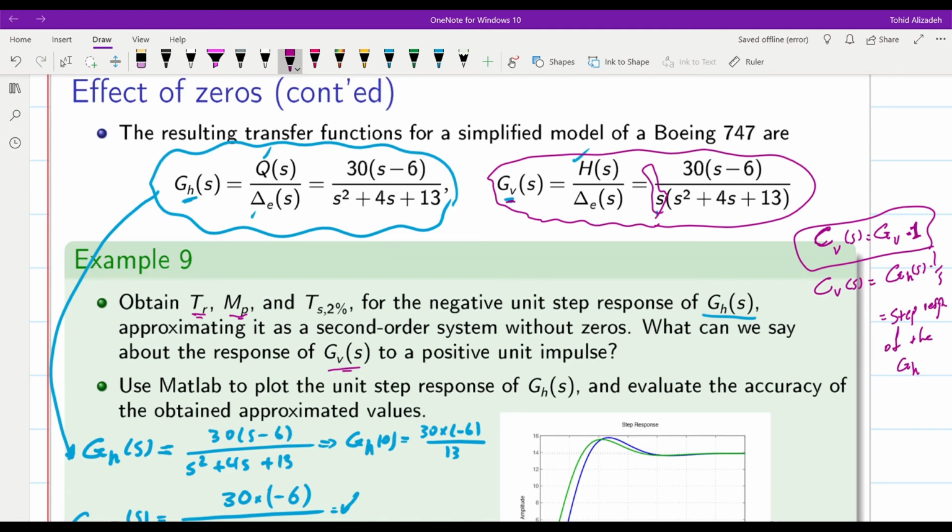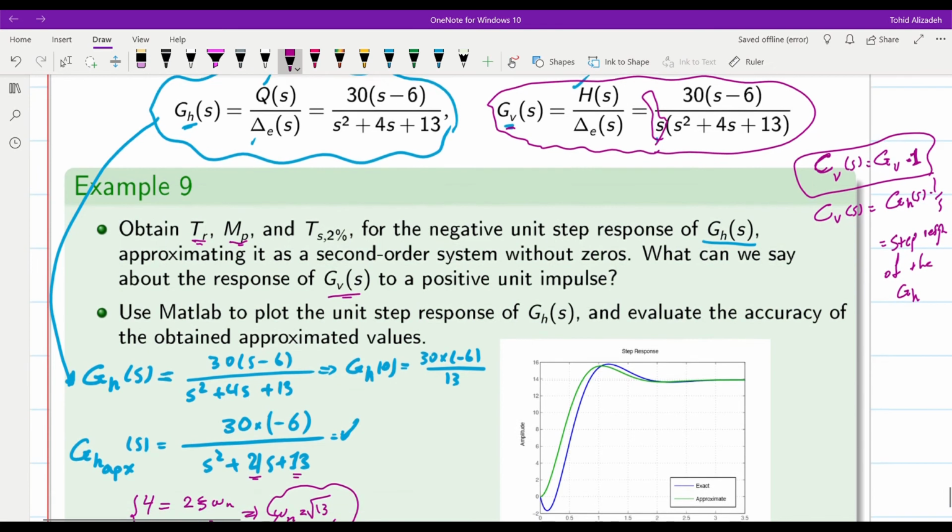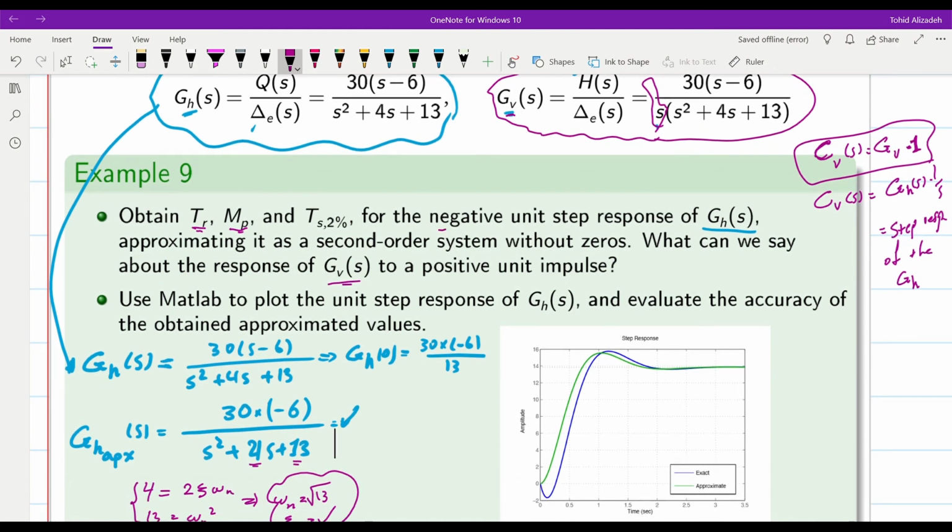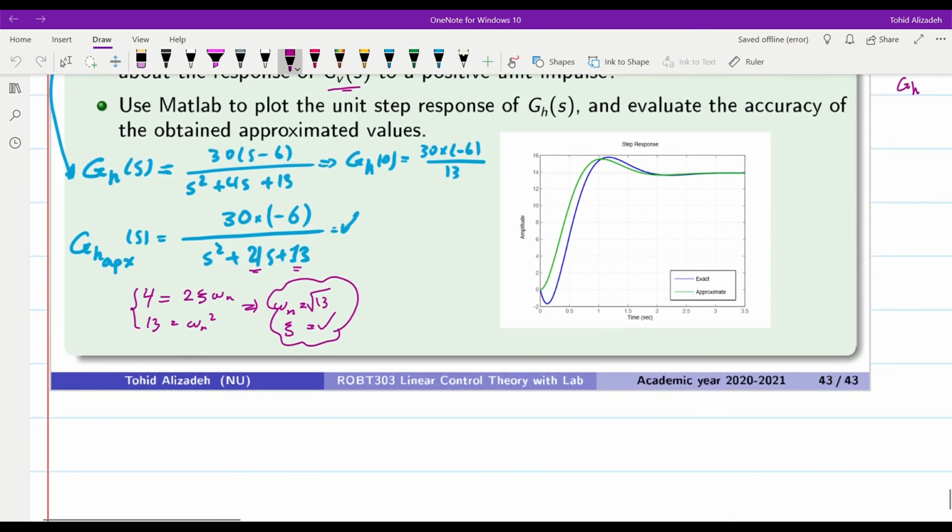You just need to also pay attention to the positive or negative input, yeah? In the first case that we just considered, we considered the negative unit step response. Indeed, if we draw the positive unit step, it will be, let's say, always negative.